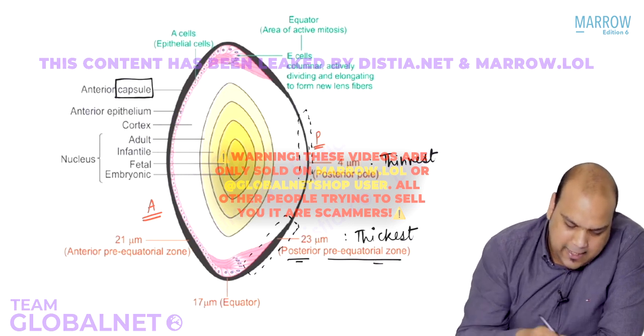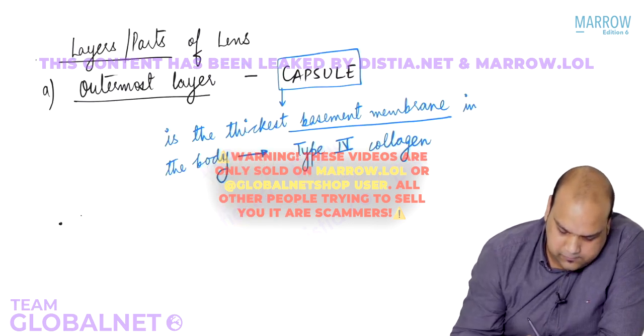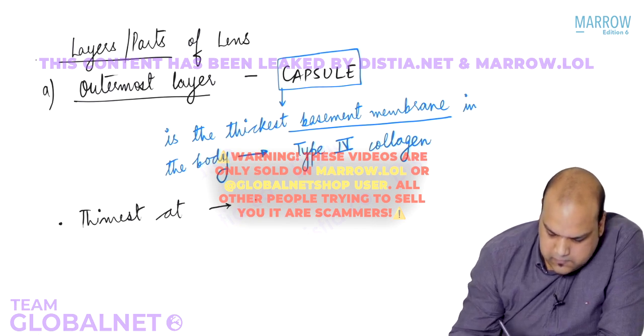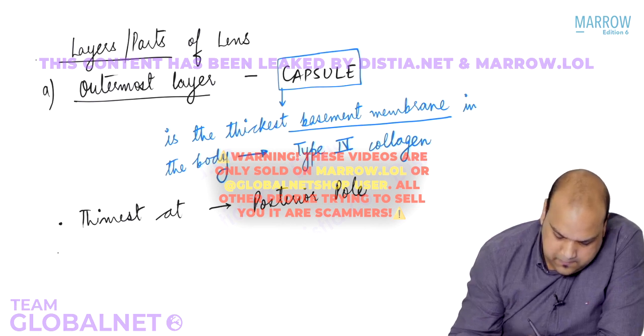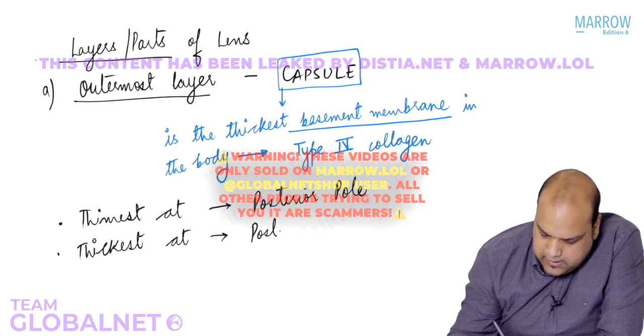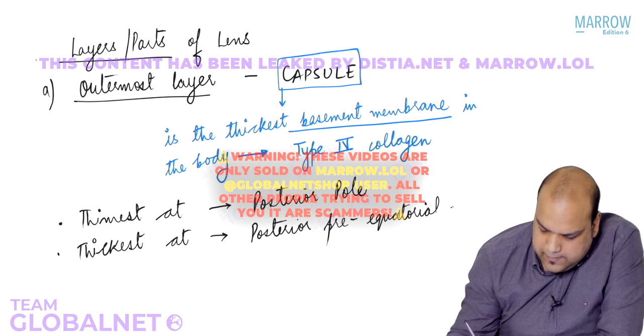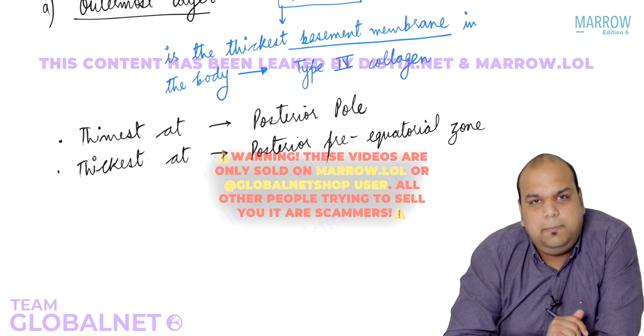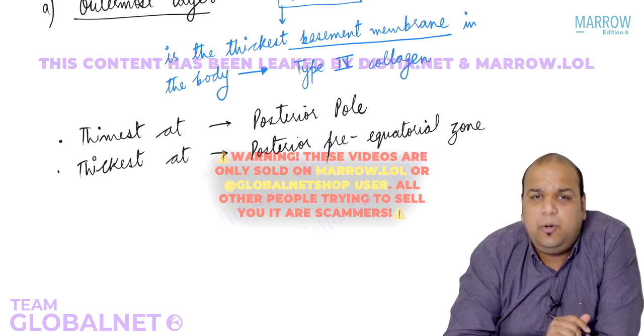So thinnest and thickest capsule: thinnest at posterior pole, thickest at posterior pre-equatorial zone. Okay, simple facts about the capsule of the lens, the outermost layer.